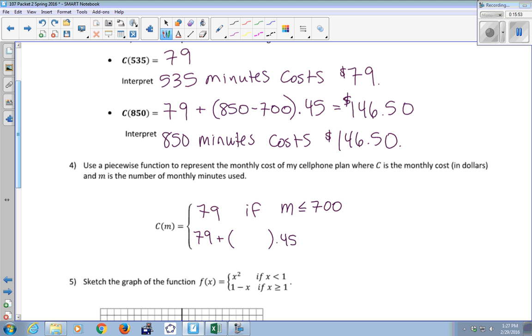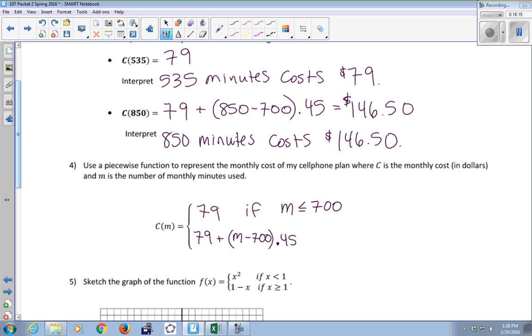M minus 700. You got it. Yeah. So you take M, the total number of minutes you talked, subtract 700 from that, and that's how many minutes over you went. So this is M minus 700 goes in there. Times 0.45, 45 cents for each minute over.